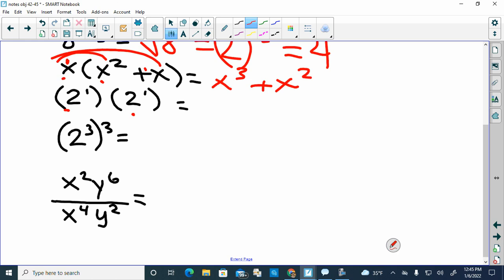So if I had 2 times 2, we know that's what? 4. But really, 2 has a 1 as an exponent, and we're adding these. So this would be 2 to the second power, which is 4. So whatever these exponents are, when we're multiplying, we add our exponents. Okay.